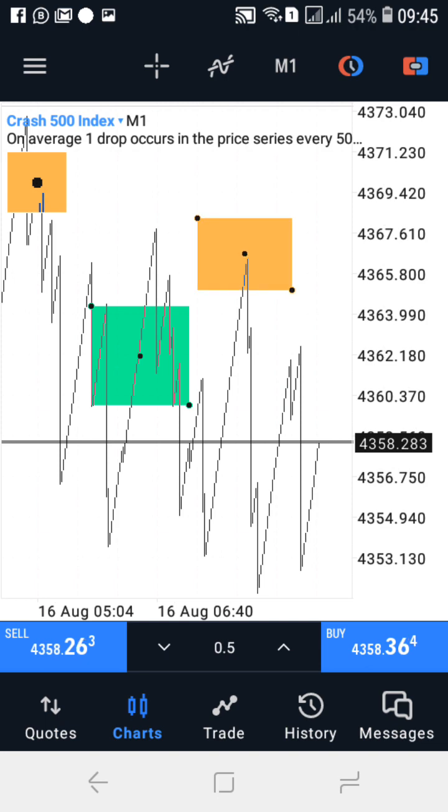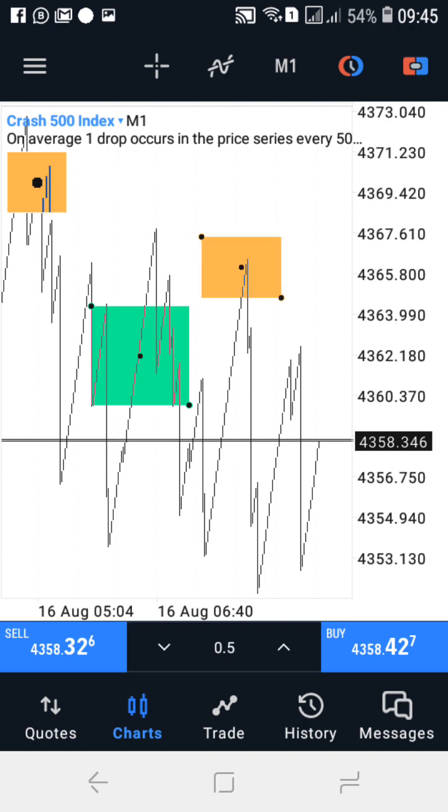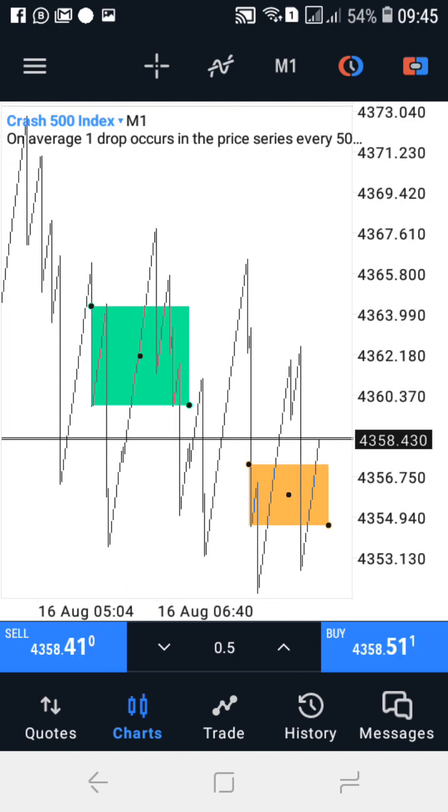So it had a bit of a supply zone right here. There's a small supply, you see. So price had to fill that up first, and then it pushed strongly going down. And the good part is that price always respects its breaker block.